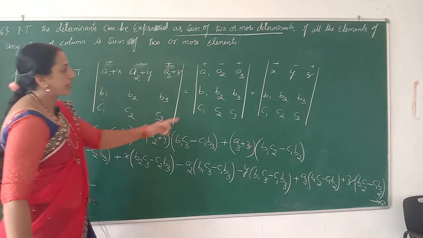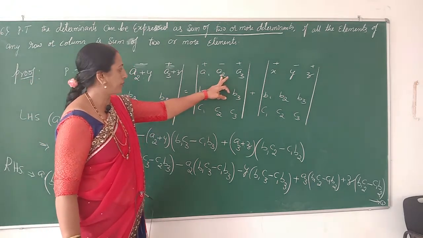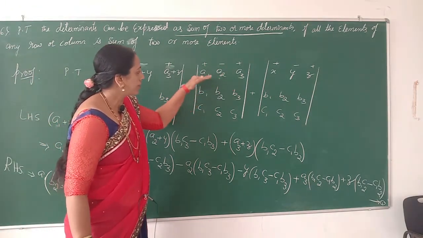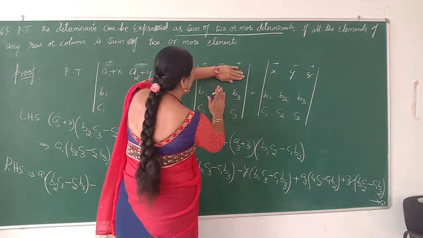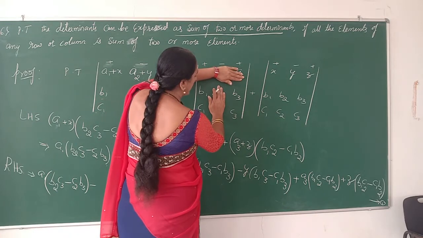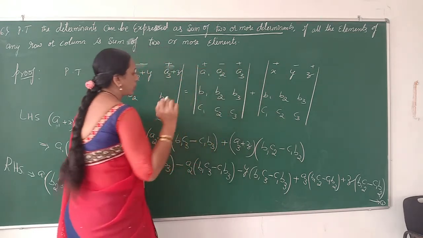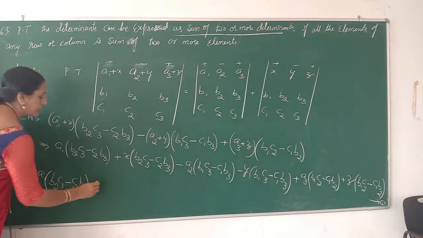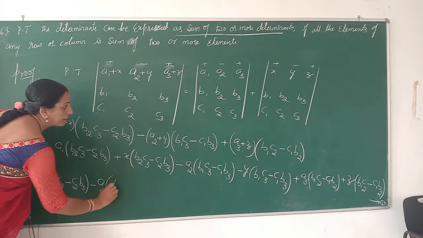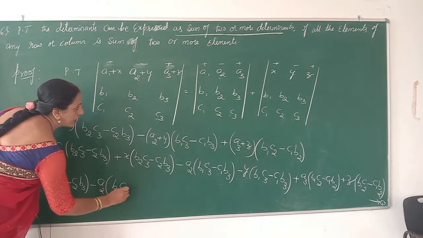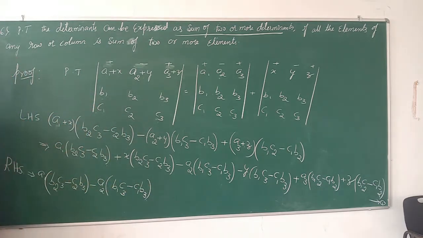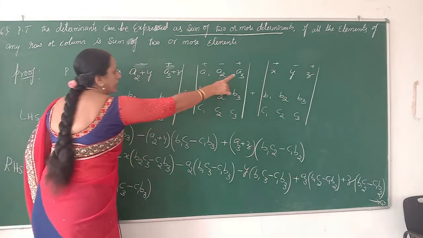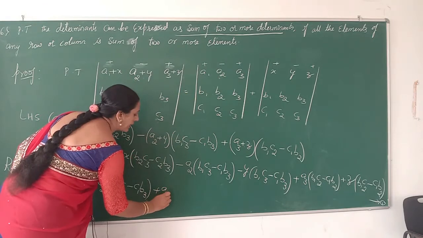Similarly, the second one is minus A2. A2 is an element of the first row, second column, and again these get neglected and the remaining are multiplied using cross multiplication, that is minus A2 of B1C3 minus C1B3. Then the third element is plus A3 of.